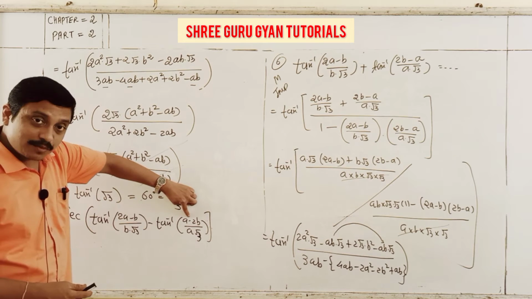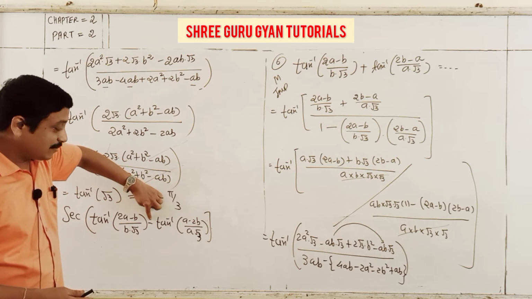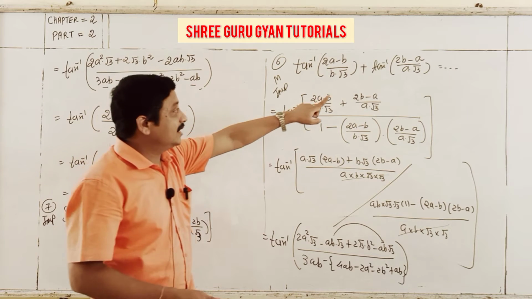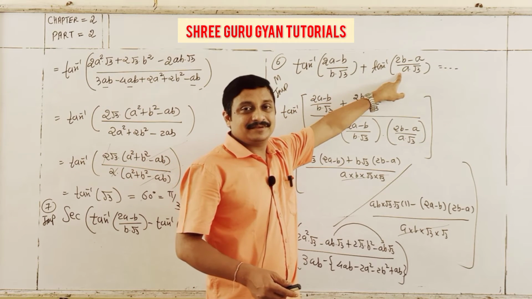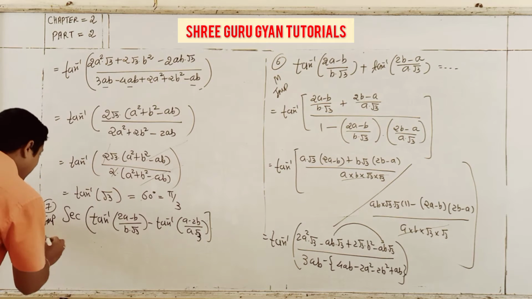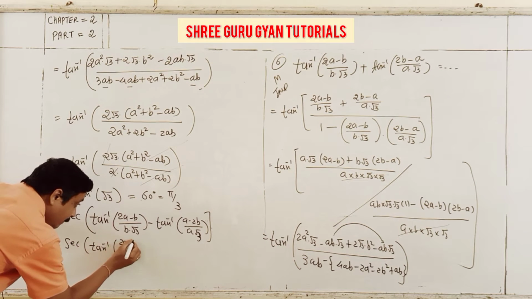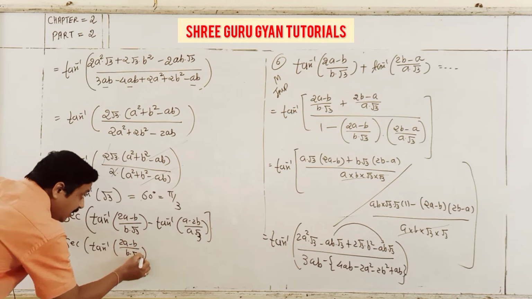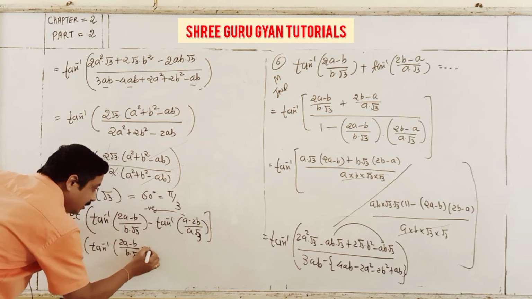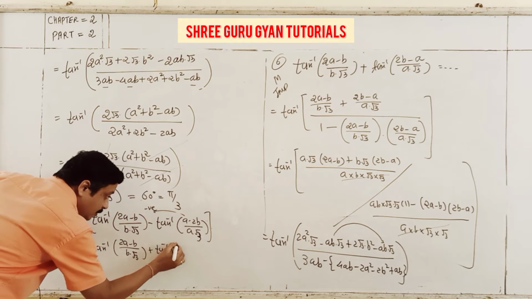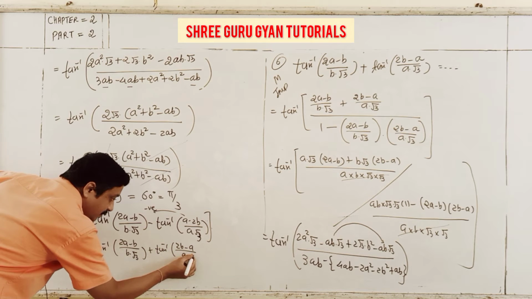Here you take minus common outside. There plus and 2b minus a. It is the same, no? I mean the 7th question and the 6th question are totally equal. Here take minus outside. It will be plus (2b minus a) by root 3.